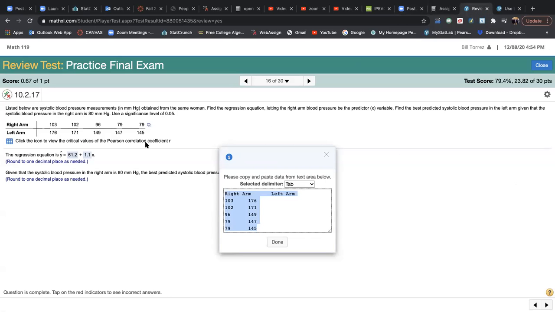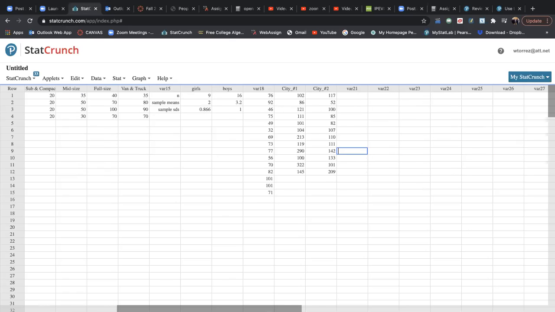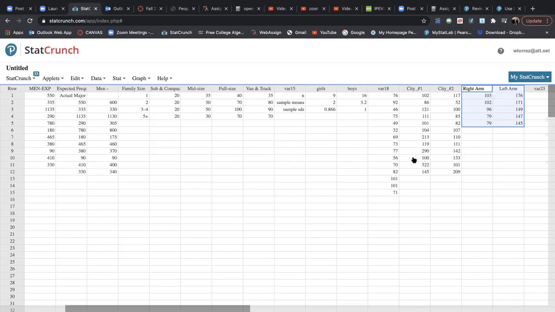I'll do Command C, and then paste it right into StatCrunch. And here it is over here.